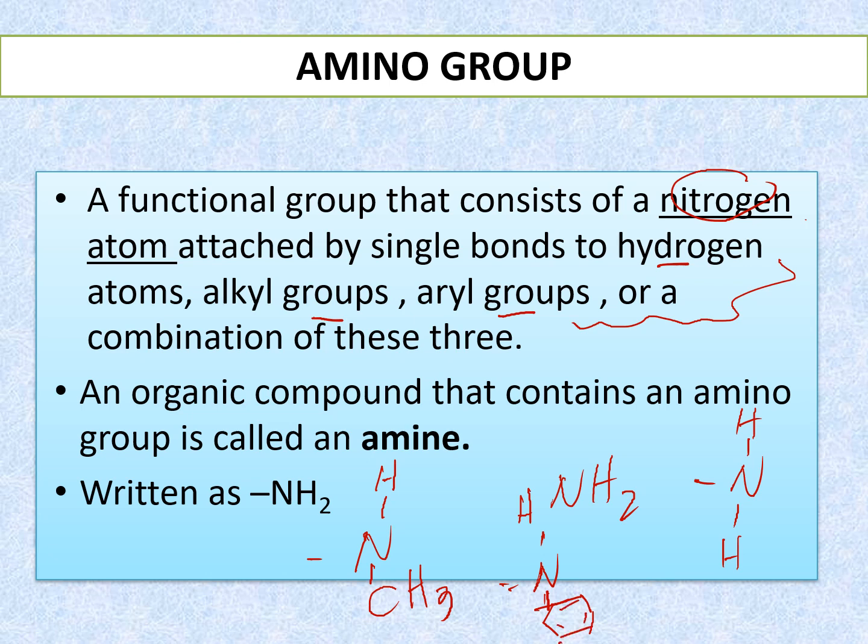This is just some of the examples. But anyway, this is how a specific amino group would look like. It can contain a nitrogen atom that is attached to hydrogen atoms, or it can be attached to alkyl groups and aryl groups, or a combination of these three.